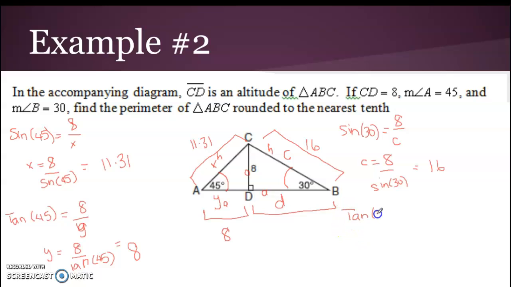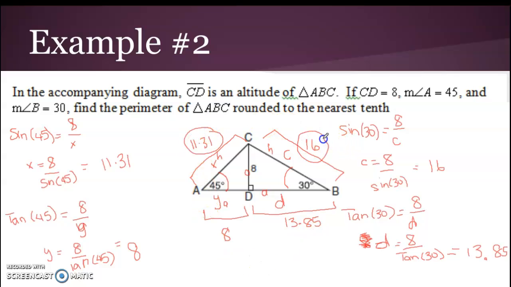So tangent of 30 is equal to 8 over D. D is equal to 8 divided by tangent of 30, and that would give me 13.85. So this is 13.85.